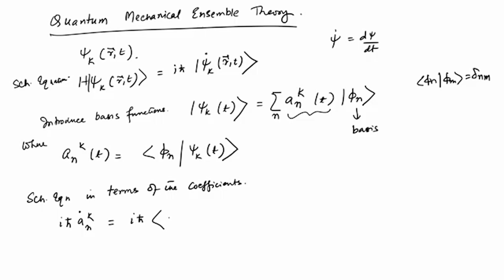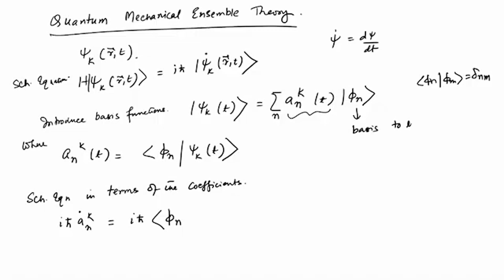So, this is what needs to be done, but then we know that the left one, that is phi n dot, is equal to 0, because we have assumed that the basis is time independent. And that tells us that the only term that survives is this psi k dot of t, which is nothing but psi k dot from the equation that we see here.